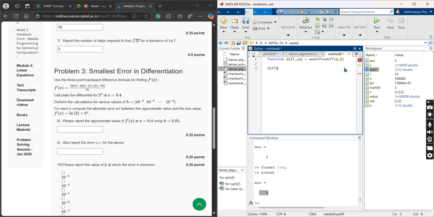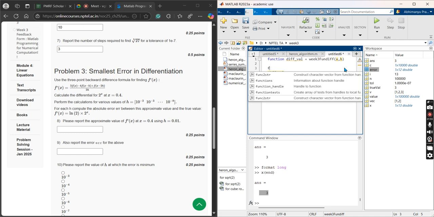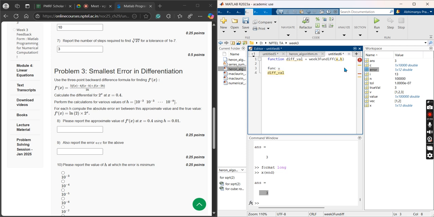I can simply write it because it's a simpler function, so I don't need a function handle.